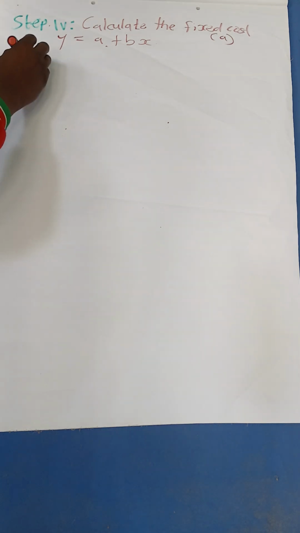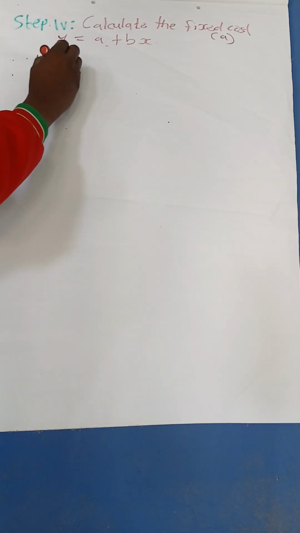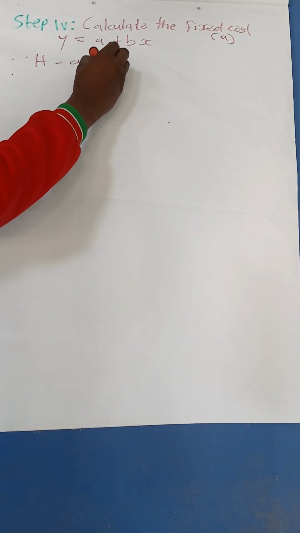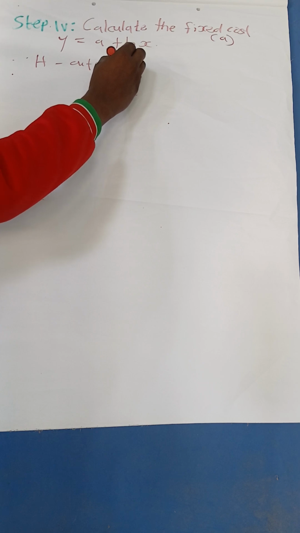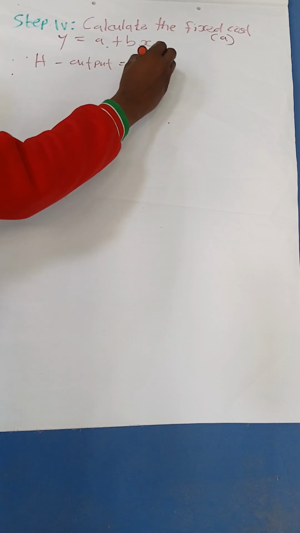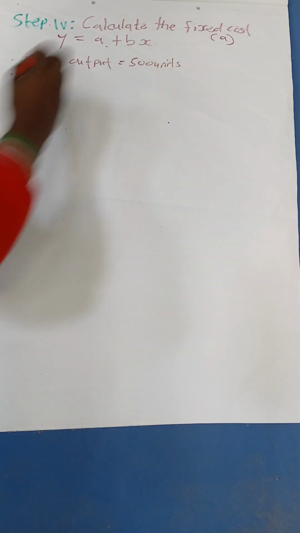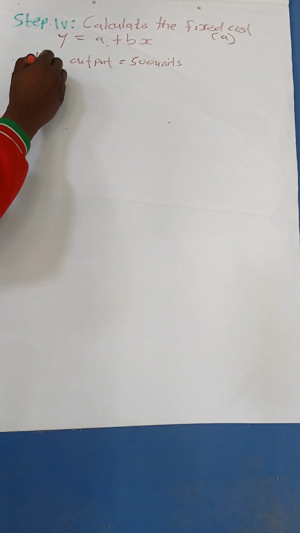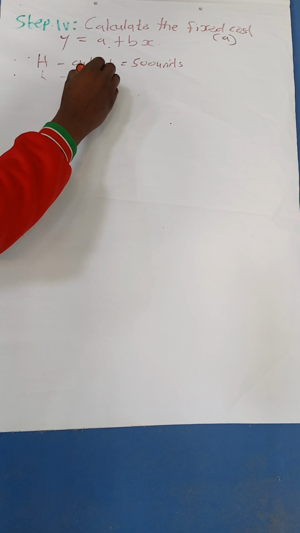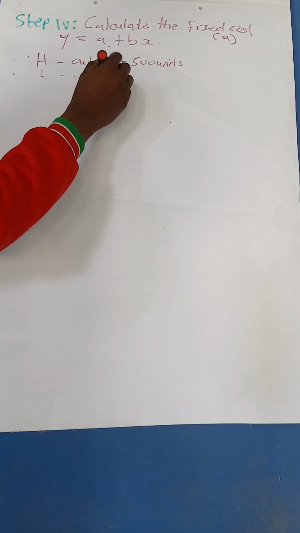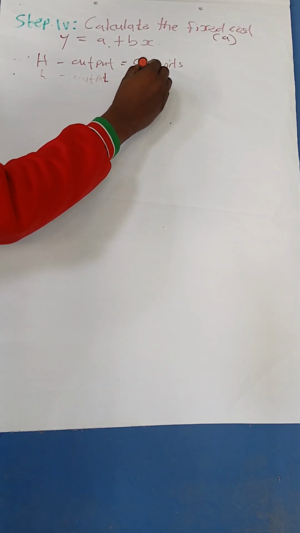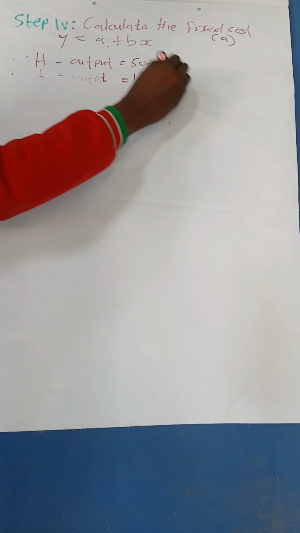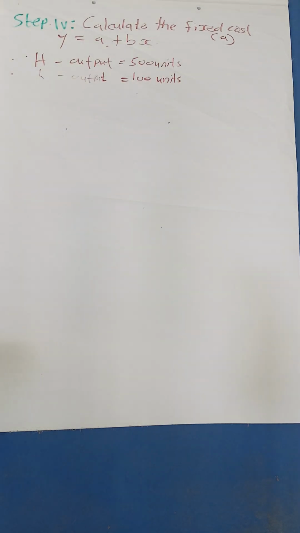The highest output we had was 500 units, and the lowest output we had was 100 units.